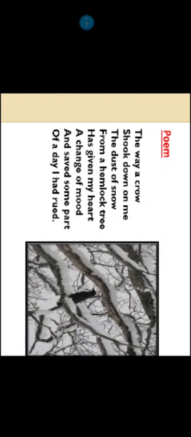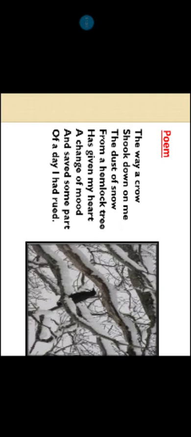So here in this poem, the poet is one day very depressed, and he is walking on the snow, and he is standing below the hemlock tree. They would say that the hemlock tree is poisonous, and the crow is a symbol of bad.